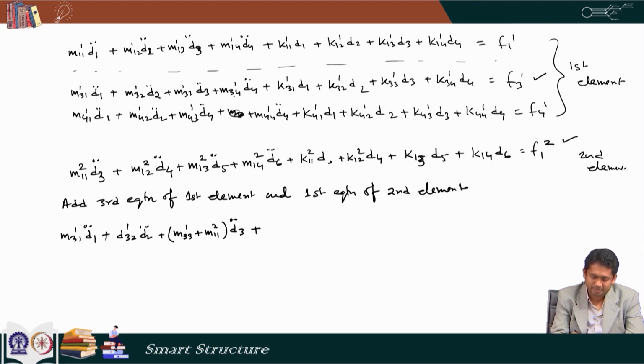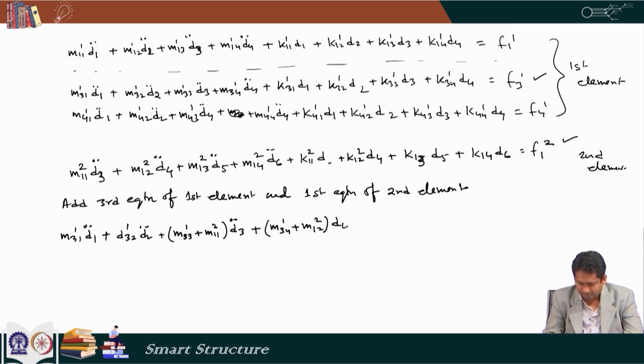Similarly, here I have D4 double dot and here I have D4 double dot. So, M34 of first element and M12 of second element get added and that gives me M34 of 1 plus M12 of 2, and I get that summation multiplied by D4 double dot.